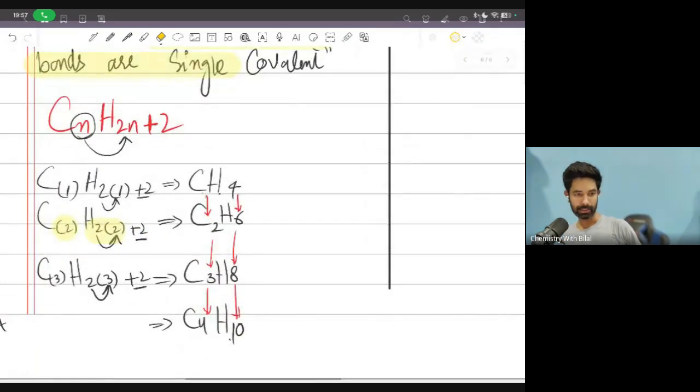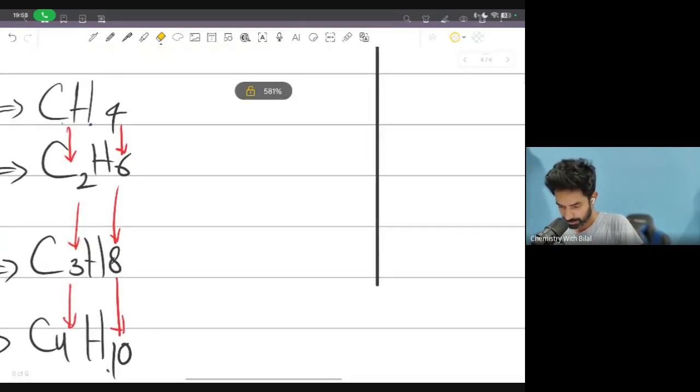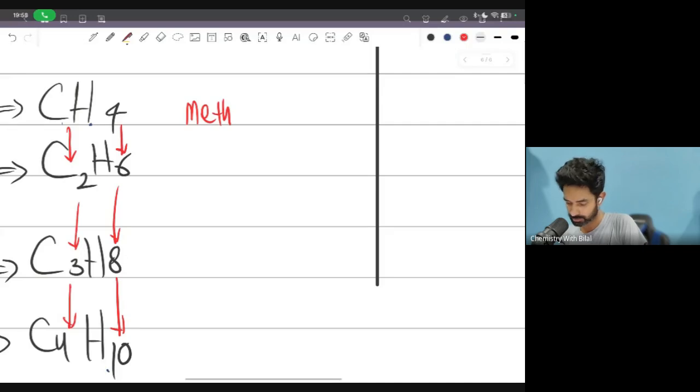Now let's understand how to write the names of these beautiful molecules. Whenever there is one carbon in the molecule, the stem always starts with meth. If there is one carbon, it starts with meth.